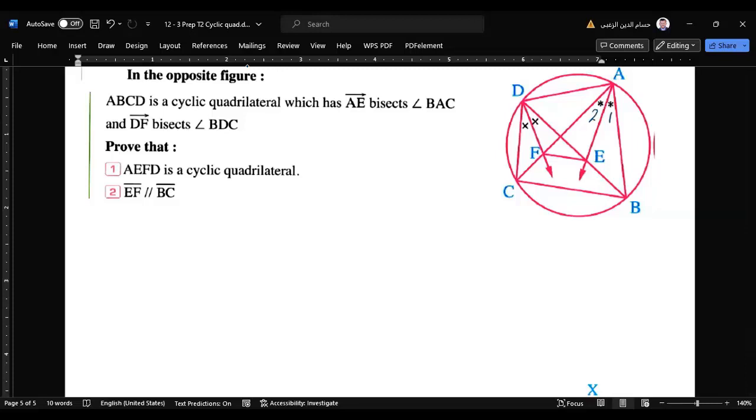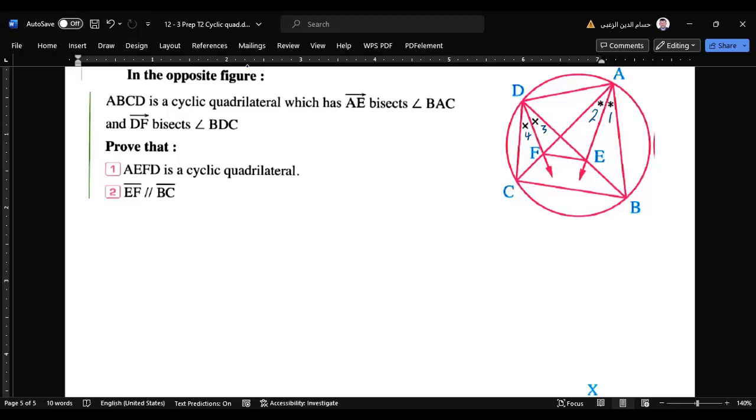And DF bisects angle BDC, which means angle 3 equals the measure of angle 4. Prove that AEFD is a cyclic quad. He wants this one to be cyclic.